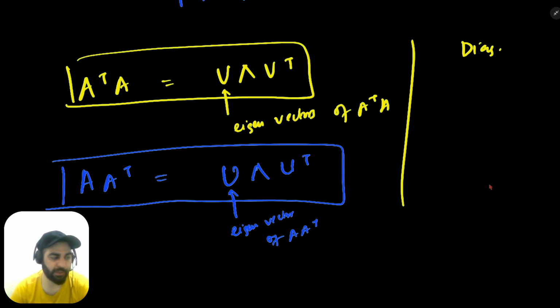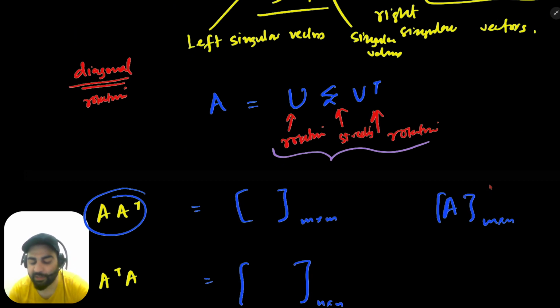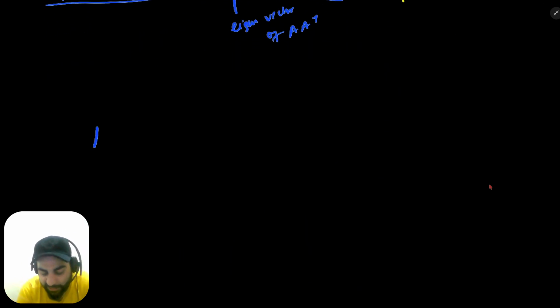Yes, sir. Okay. Now I'll go forward and see how I can get this U and V transpose of A. I'll write A is equal to U sigma V transpose.